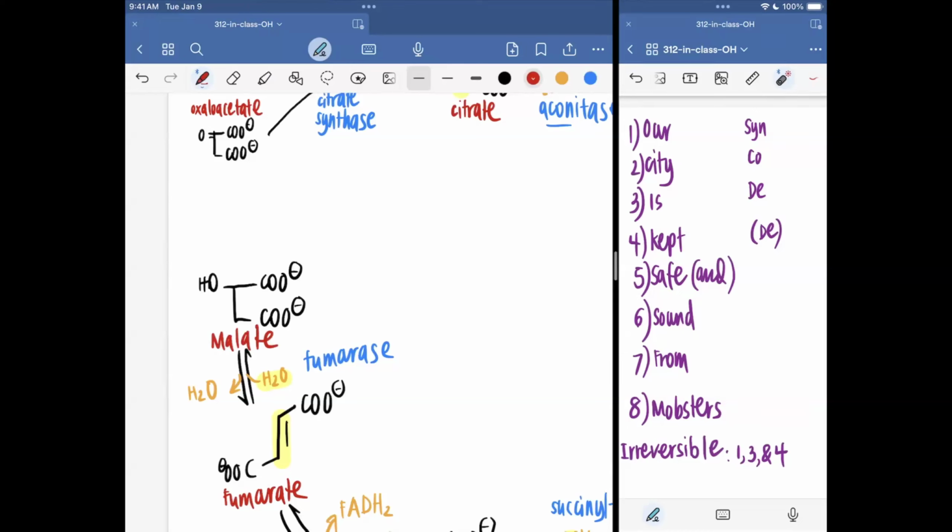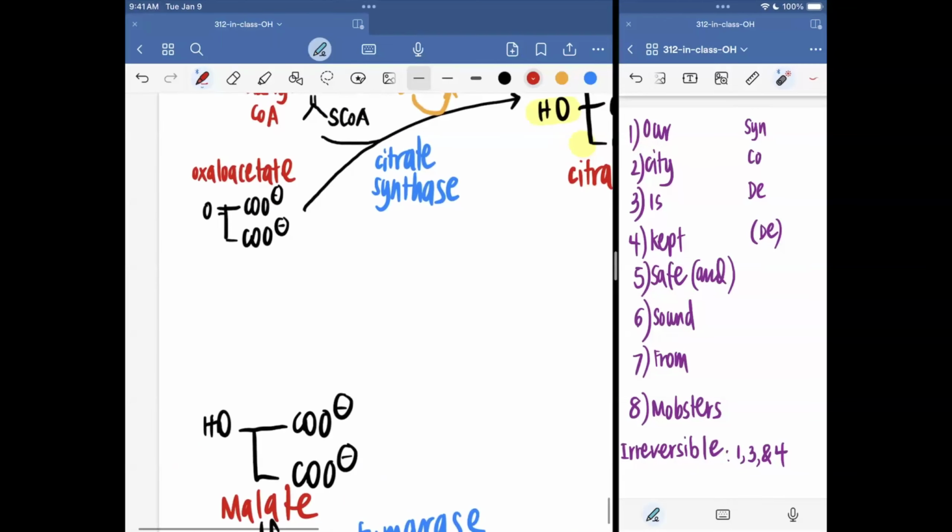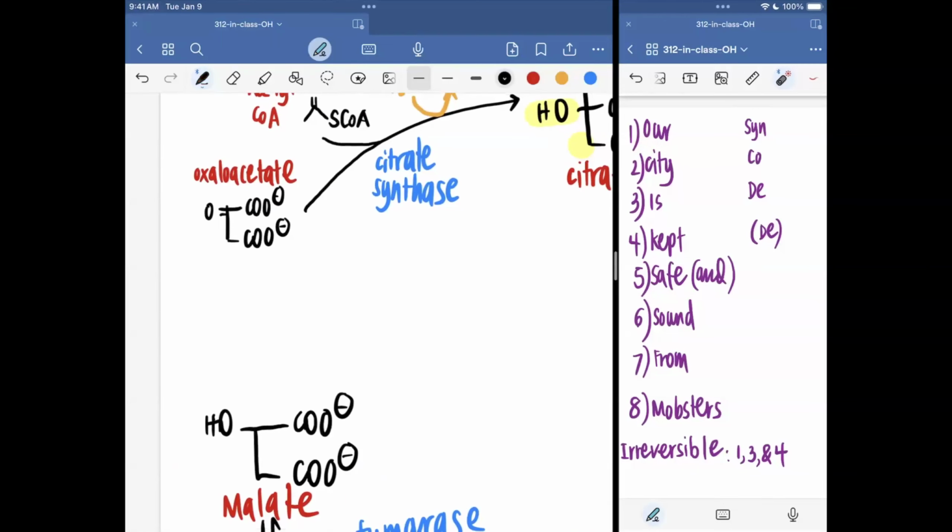And last but not least, how does malate, M, go back up to the start of the cycle for oxaloacetate? Malate is acted upon by malate dehydrogenase. And this reaction with the dehydrogenase should be triggering.